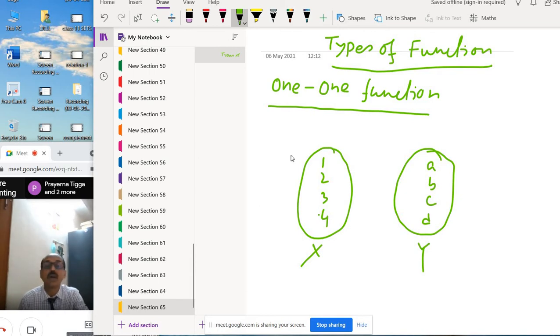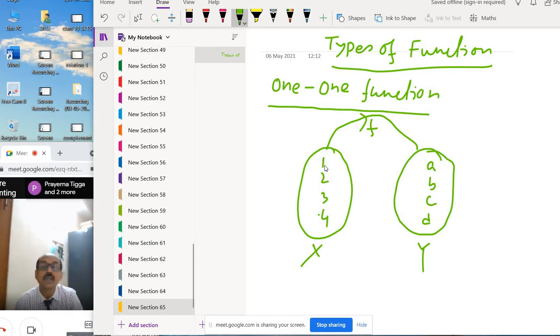Okay, and this is f. So 1 corresponds to a, 2 corresponds to c, 3 corresponds to b, and 4 to d.